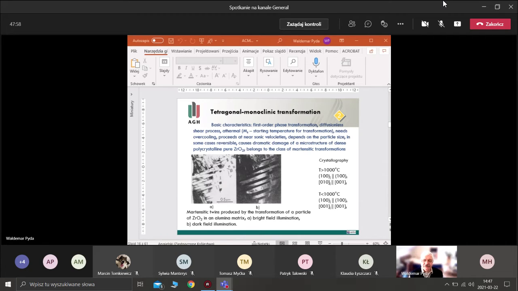And the answer is like in this picture. Yes, we observe layers, like a layered structure. Yes, and maybe Claudia knows how to name these layers.